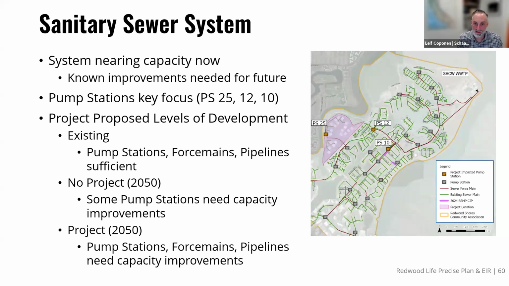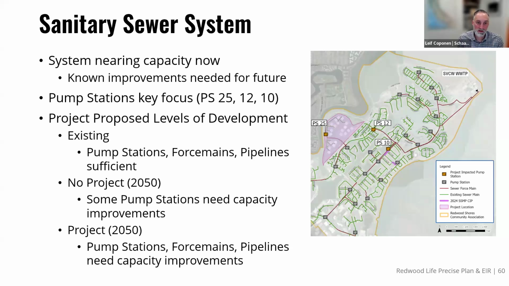The site has pump station 25 on site that serves the site. Downstream of that, pump station 12, and then pump station 10 conveys water to the treatment plant in the upper right corner. So the system's current capacity is about fully used currently. There are known improvements needed to meet future development, not just specifically this site.